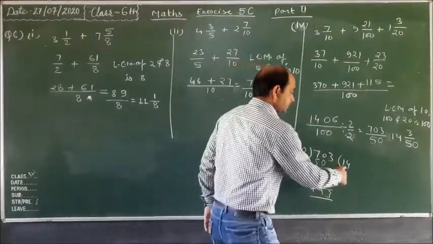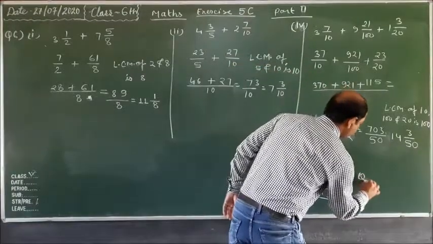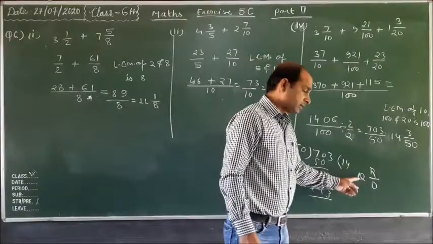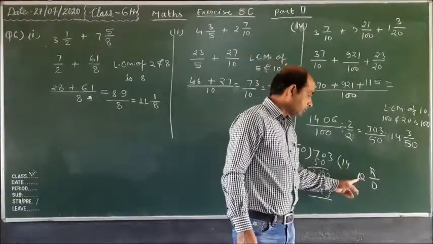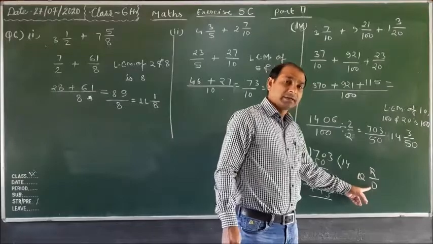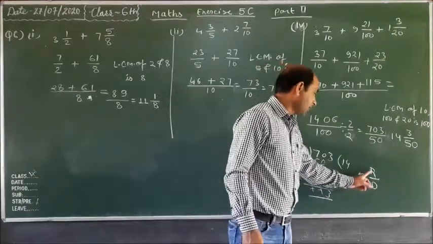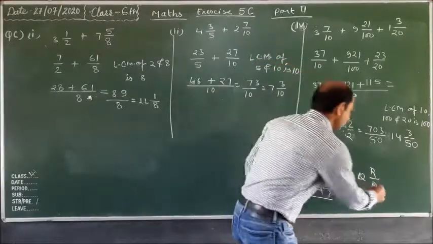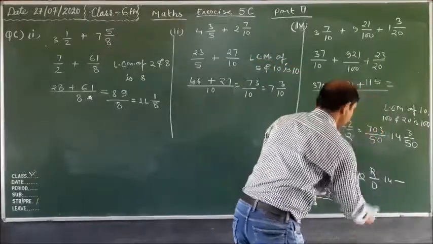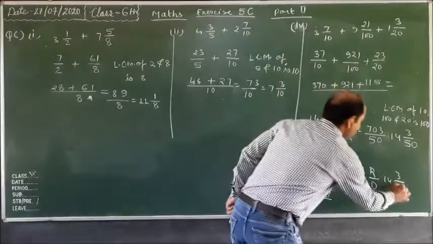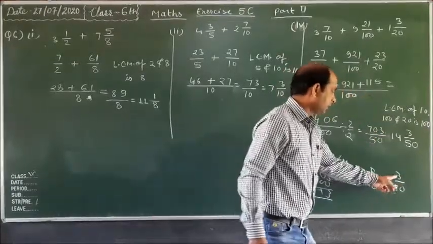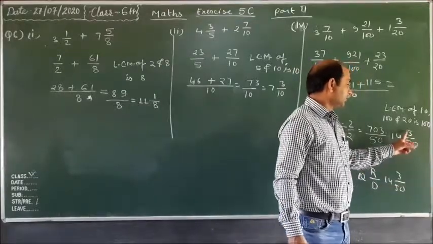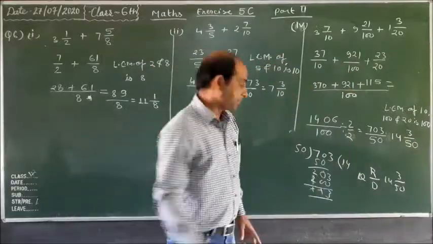This is your quotient. So we write quotient over remainder upon divisor. Remember it, quotient over remainder upon divisor. So quotient is 14, so we write 14, remainder is 3 and divisor is 50. So 14 over 3 upon 50 is your answer.